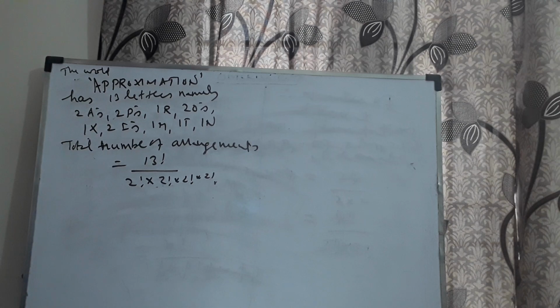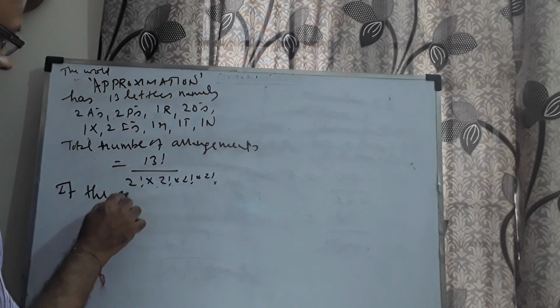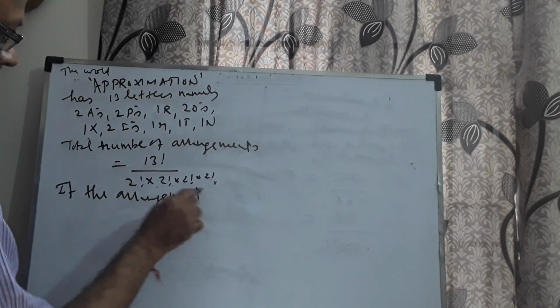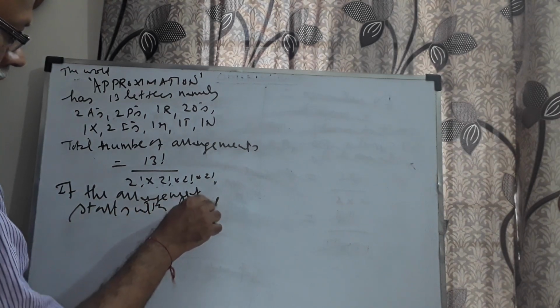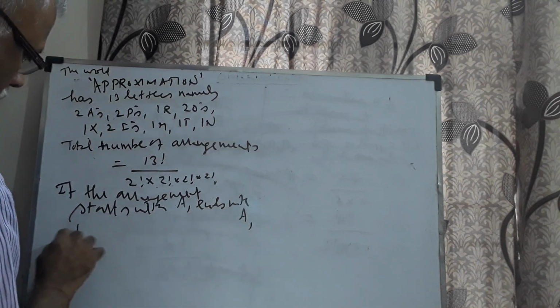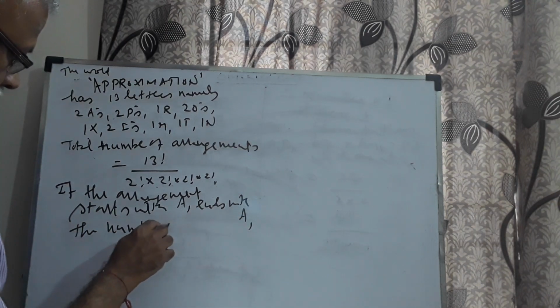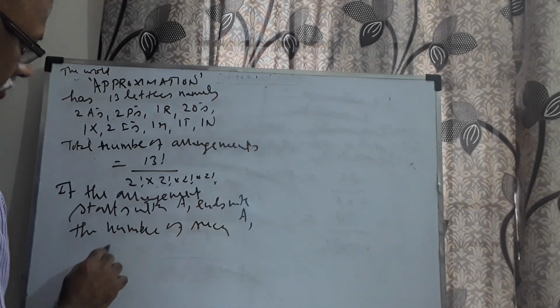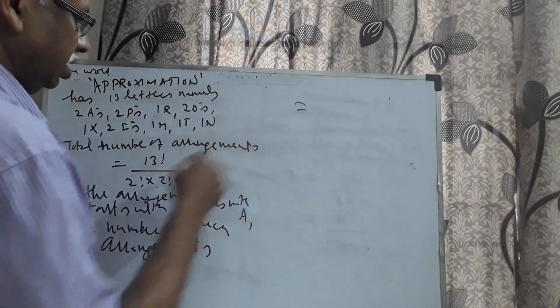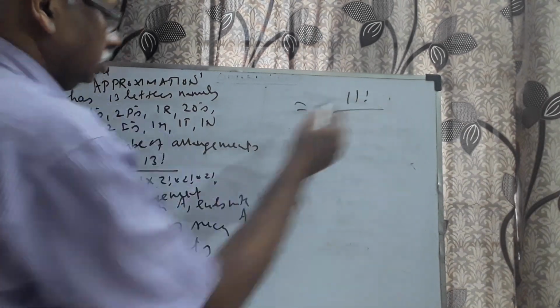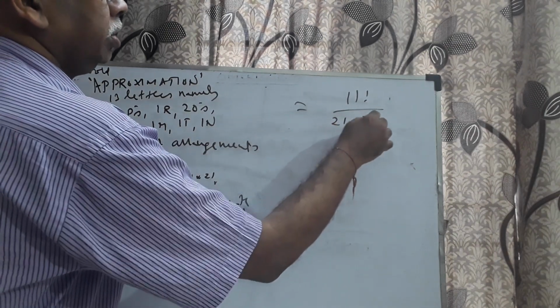By the rule which we have derived just now, 13 factorial by the repetition factorials. In fact, I should write 1 factorial also, but 1 factorial is anyway 1. I need not write it down. If the arrangement starts with A and ends with A, the number of such arrangements, other than these two, I have 11 letters: 11 factorial by 2 factorial into 2 factorial into 2 factorial.